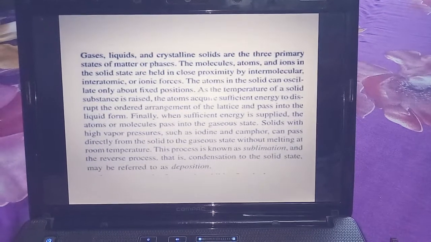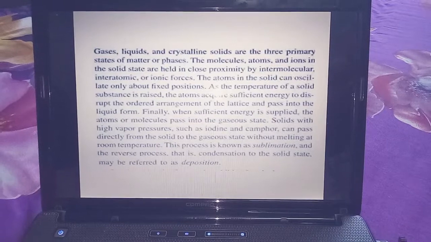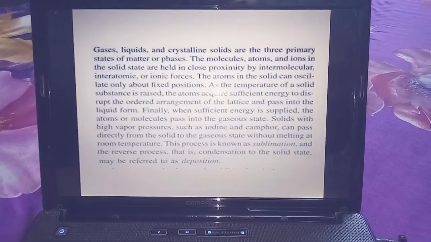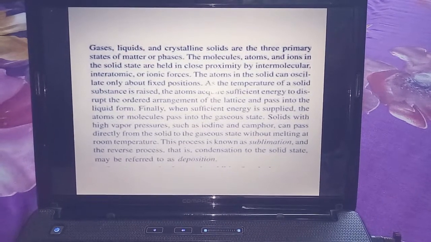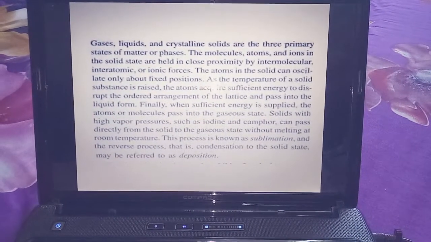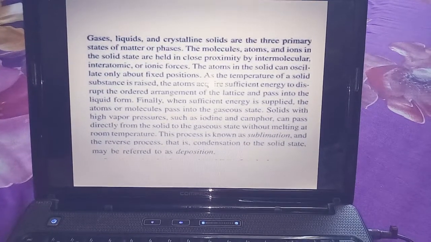Finally, when more energy is supplied, the liquid form can change into the gaseous state. Solids with high vapor pressure such as iodine and camphor can pass directly from the solid to the gaseous state without melting at room temperature.